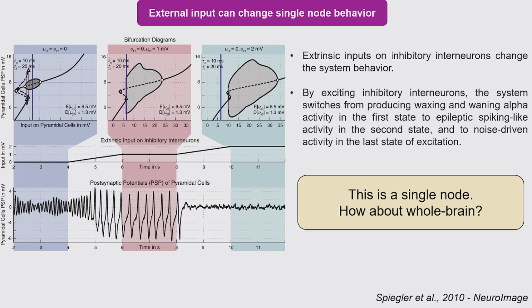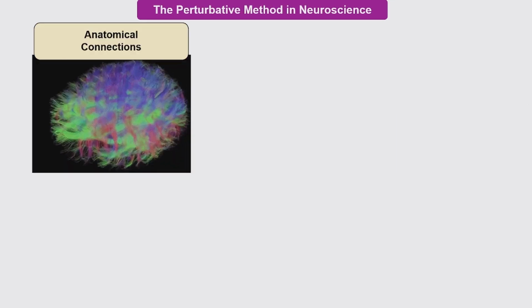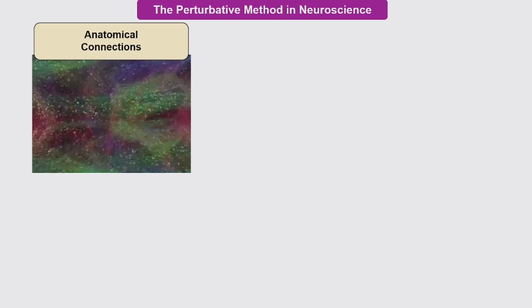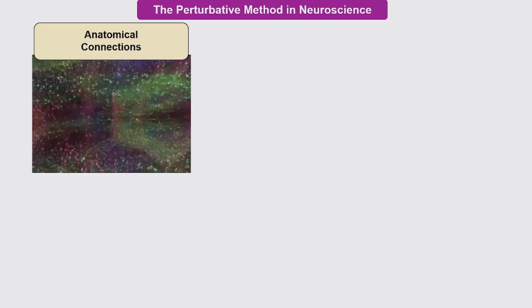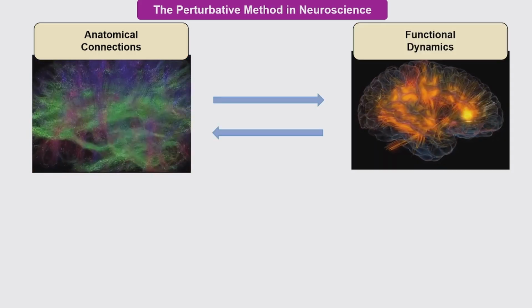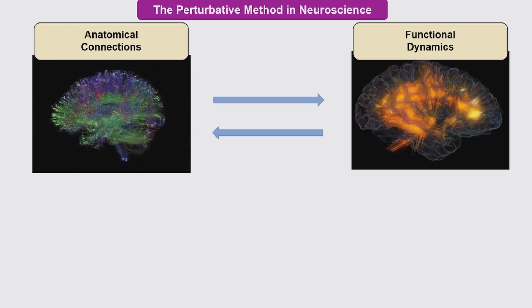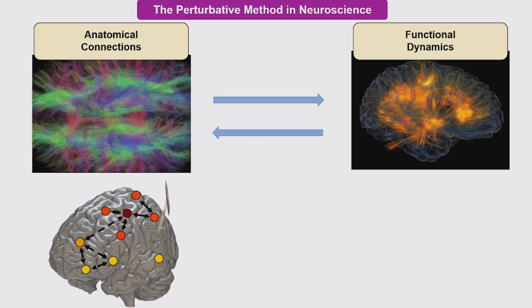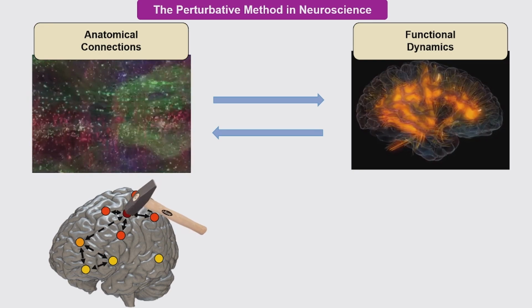One of our interests was what happens if we inject the stimulus in one region and measure the changes at the level of the whole brain. As neuroscientists, on one side we have the anatomical connectivity, on the other side the functional dynamics, and the relationship between these two entities is a matter of interest for several clinical and non-clinical purposes, and brain stimulation is just a way of unveiling these dynamics.